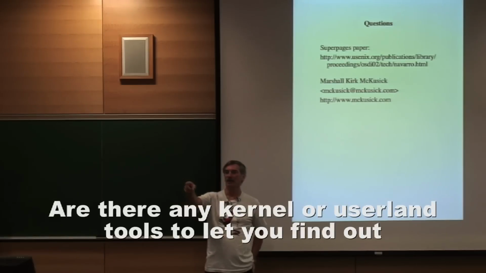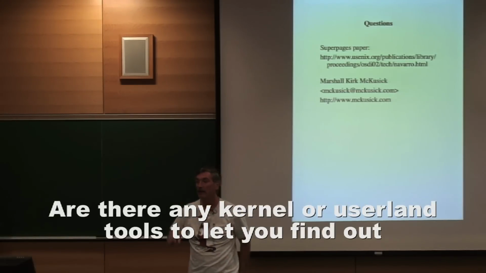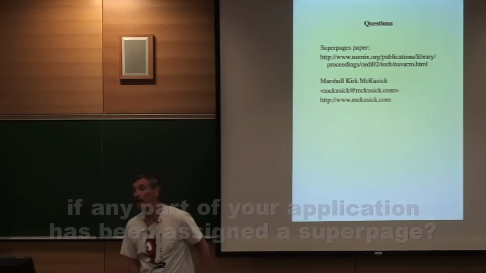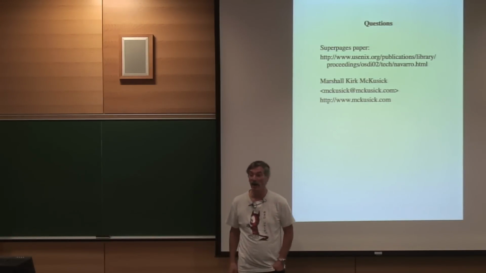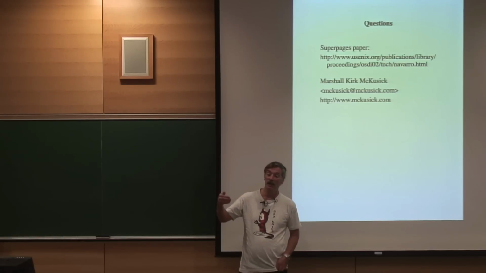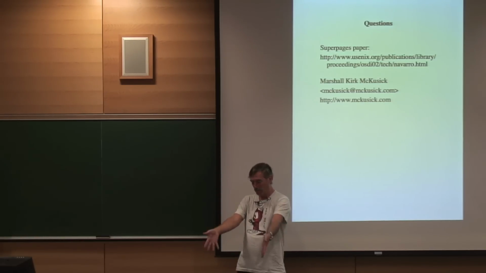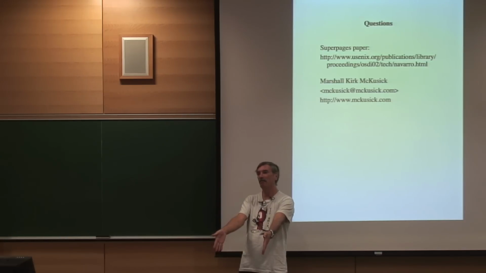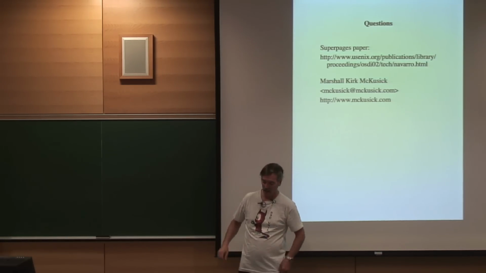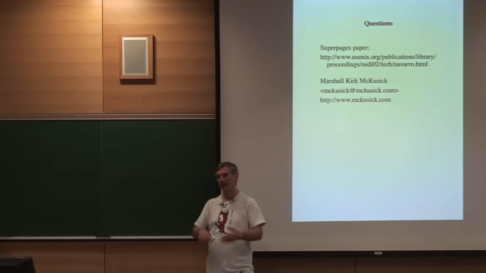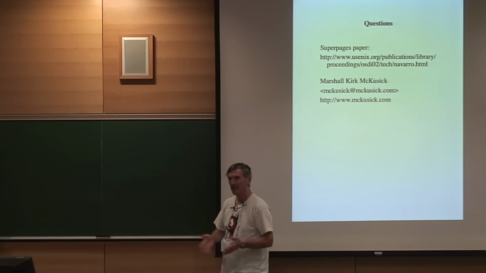Is there any user-land tool to check if the application got assigned a superpage? There's a system call called mincore, which tells you, you point it at part of your address space and ask, is this in memory? And apparently there's some auxiliary information that comes back with that that says yes, and it's a superpage, presumably.